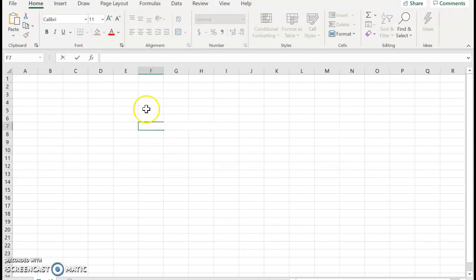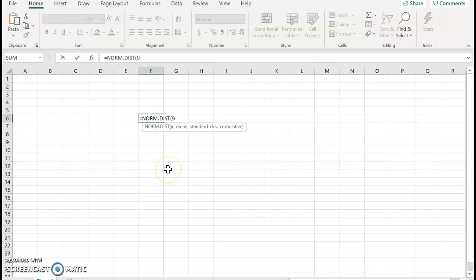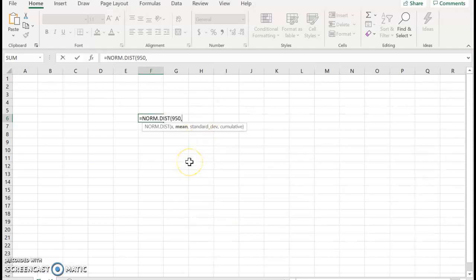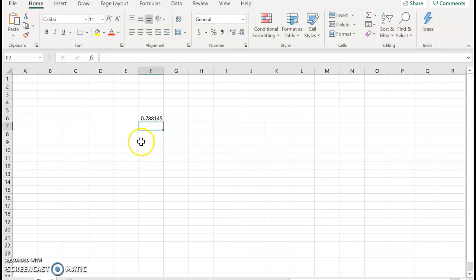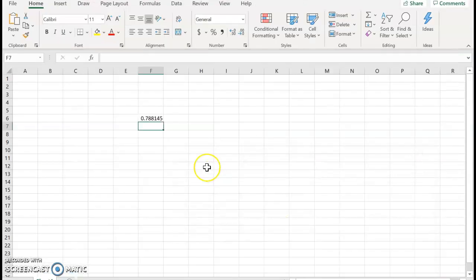I'm not going to draw it this time. 950, I believe, is what we said. The mean is 830, the standard deviation is 150, and we want it cumulative, so we put true. Then 1050 is the other number, so we put in the normal again.